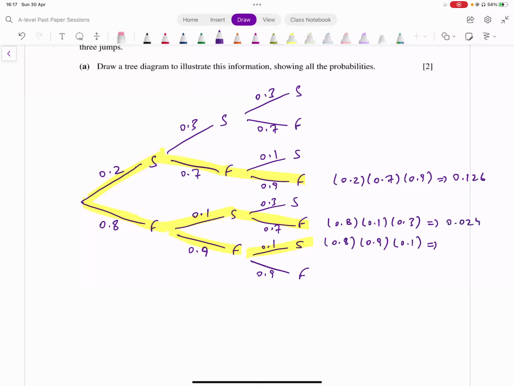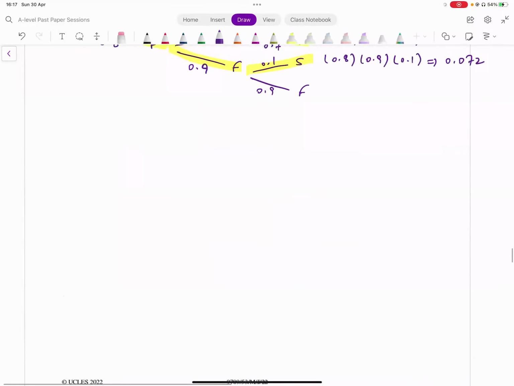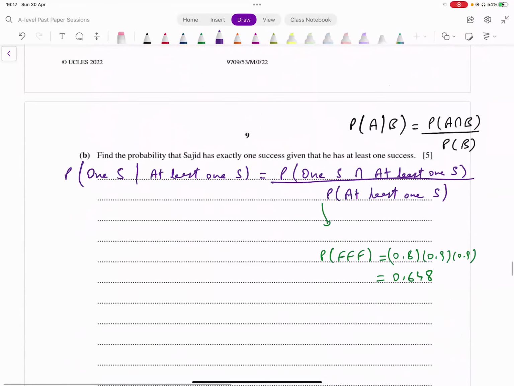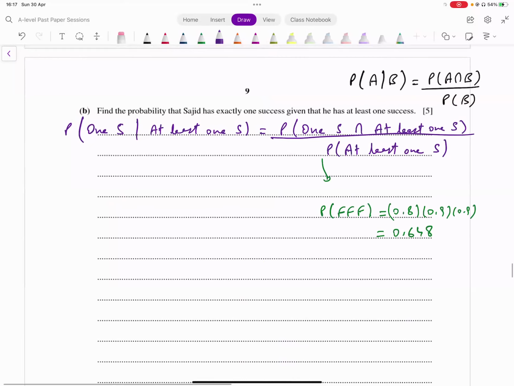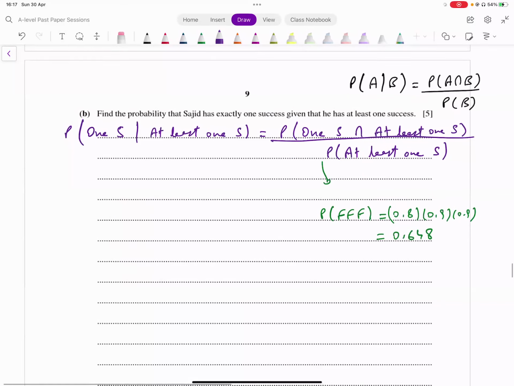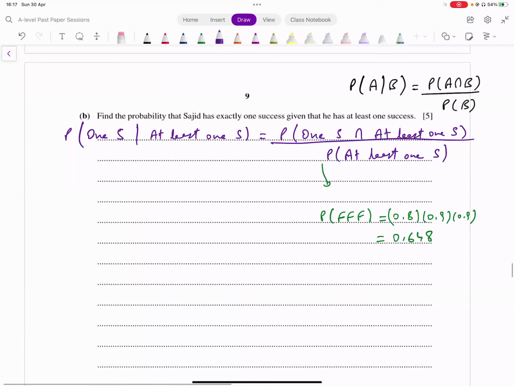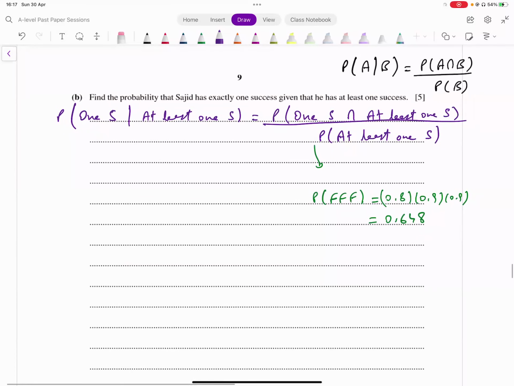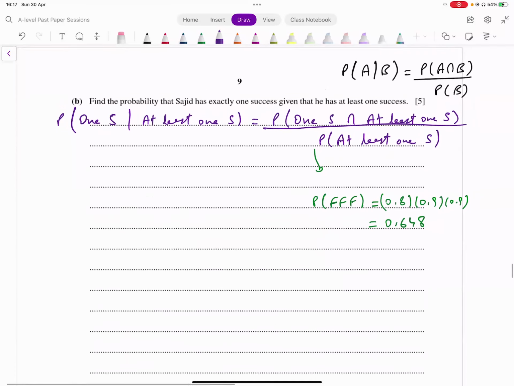And then finally we have 0.8 into 0.9 into 0.1, that is 0.072. ठीक है, अच्छा, is that okay? Yes, thank you for that. ये हमने probability of failure निकाला है, so that's correct.